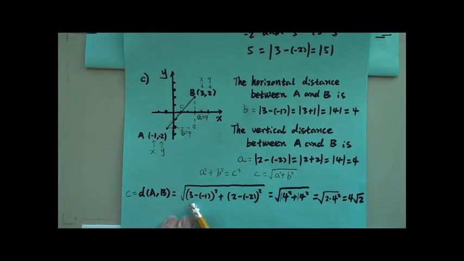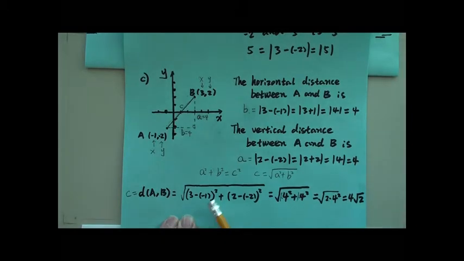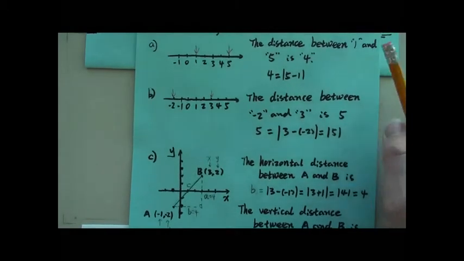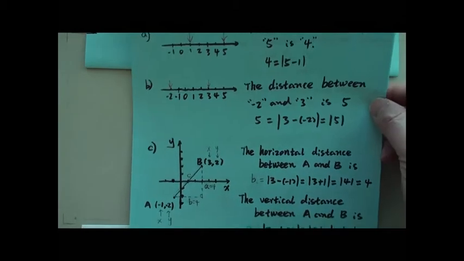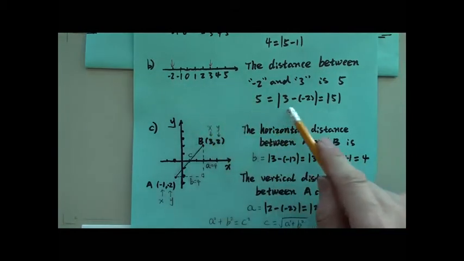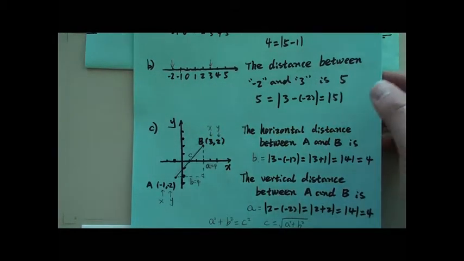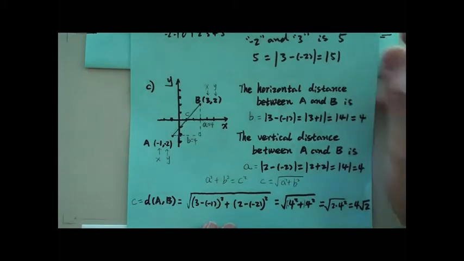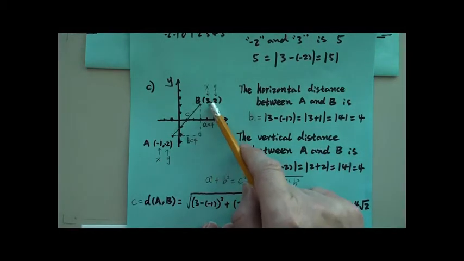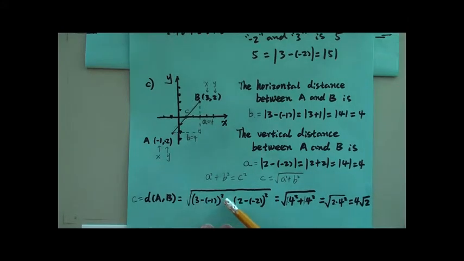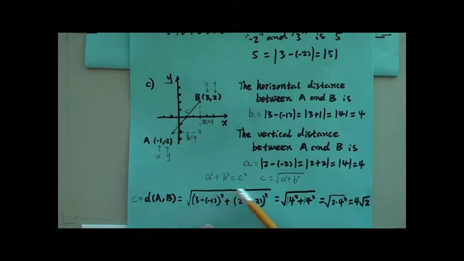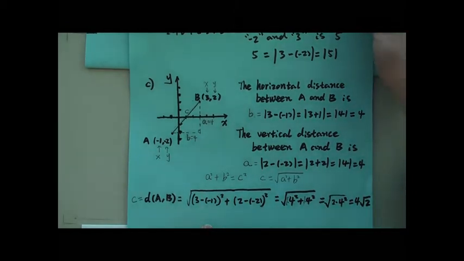The difference of x is like previously, the difference of 5 and 1, and the difference of 3 and negative 2. You always choose the difference. Here the horizontal distance is 3 minus negative 1. Then you square that, plus the vertical distance squared, choose the square root. That would be the distance between the 2 points.